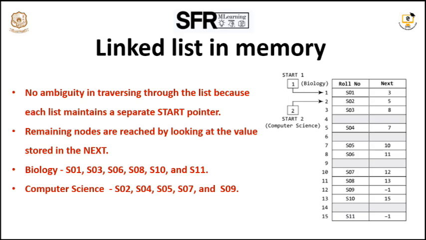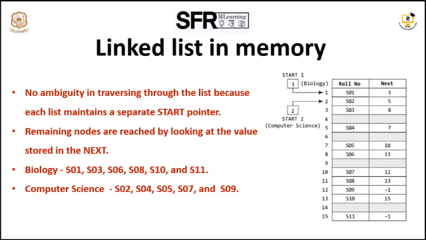So we traverse to address 3 and take S03, and for S03 the pointer address is given as 8, and next we move to address 8. Likewise the rest of the nodes are reached by looking at the value stored in next. Here I have given the output for the biology students and computer science students.